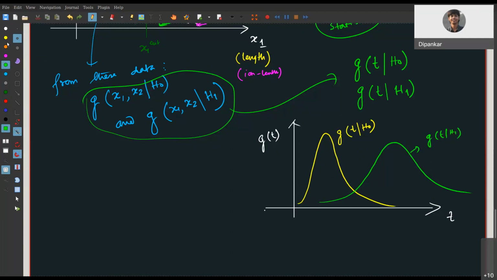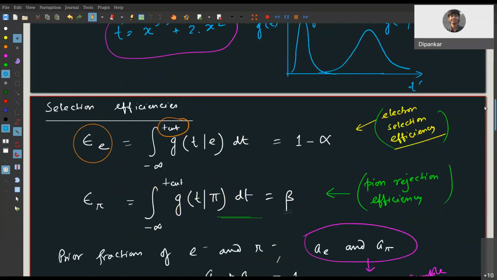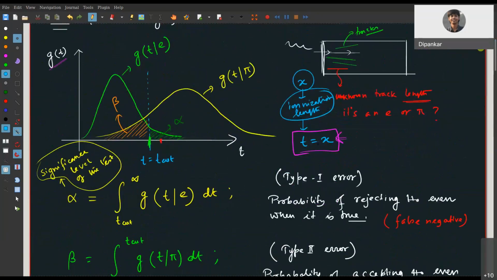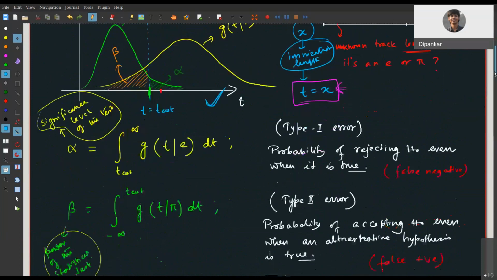And again, what you do is you try to figure out an optimal cut. So this is again t equals t cut. Okay, so again, even if your problem is a multi-dimensional one, you can reduce it to a one-dimensional problem like this one over here, just by wisely choosing a test statistic.